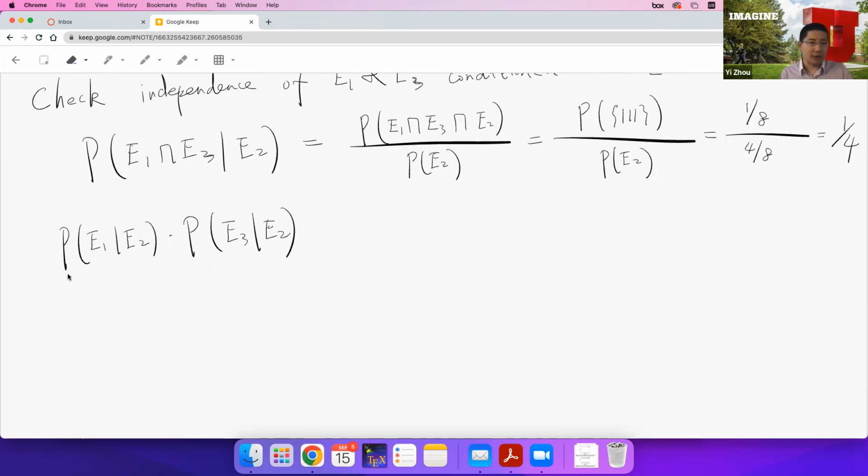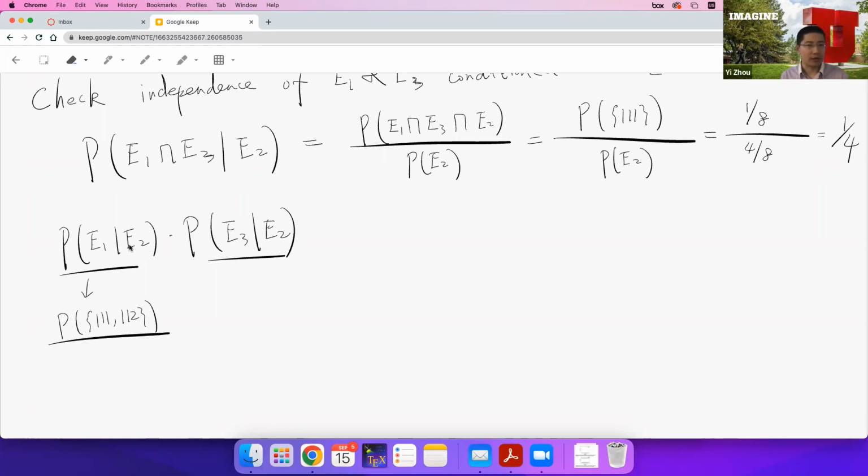Similarly, you can calculate these two conditional probabilities based on the definition of conditional probability. I will skip the calculation; they are in the lecture notes.